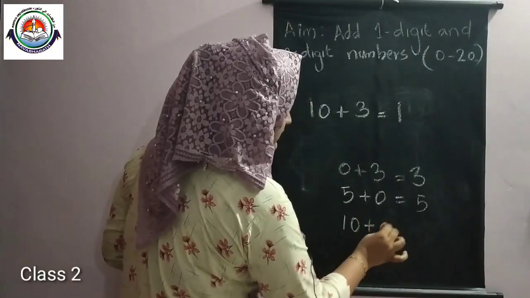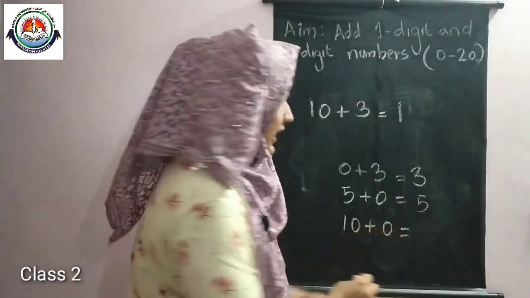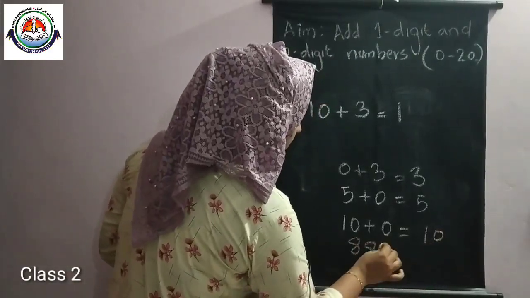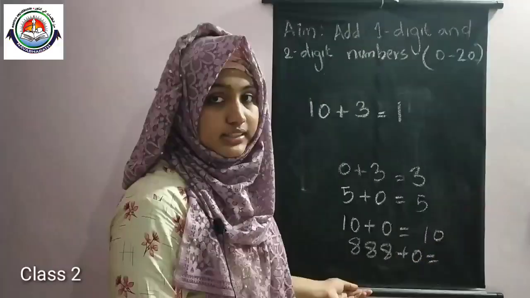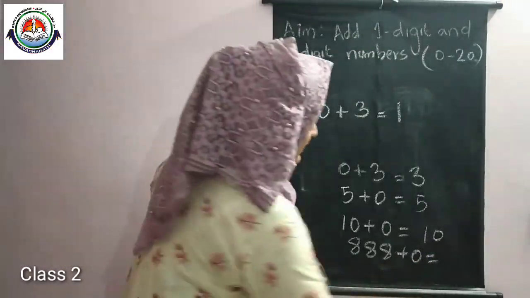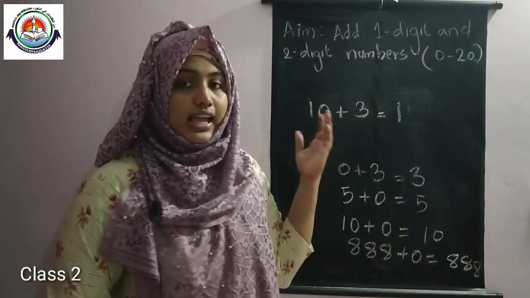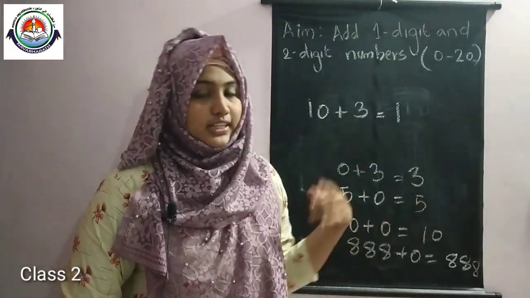Then 10 plus 0 is, can you say 10 plus 0 is 10. Then can you say what is 888 plus 0? What will be the answer? 888. So if we add any number to the number 0, we will get that number itself.